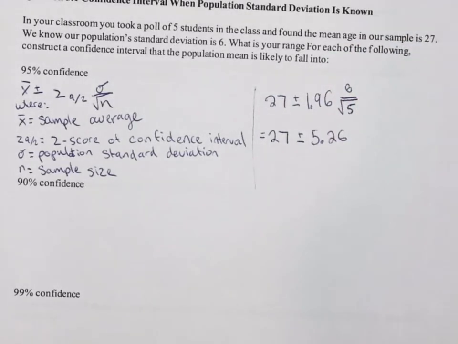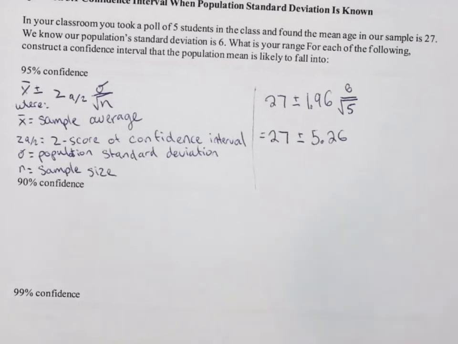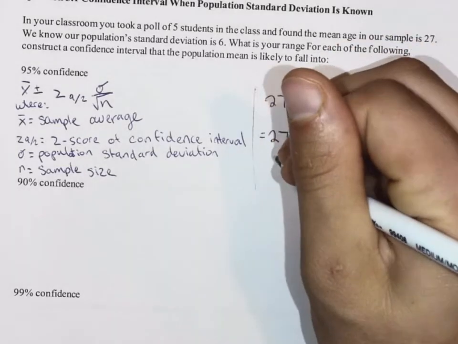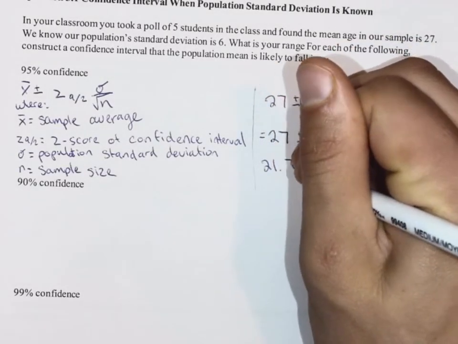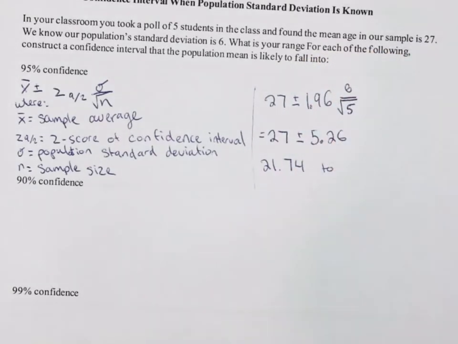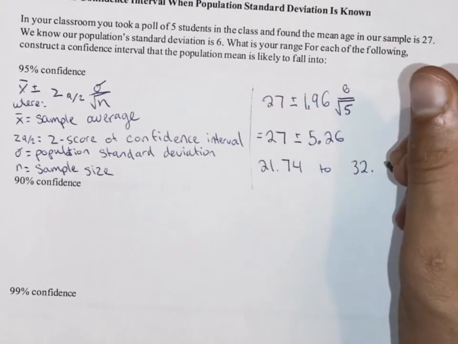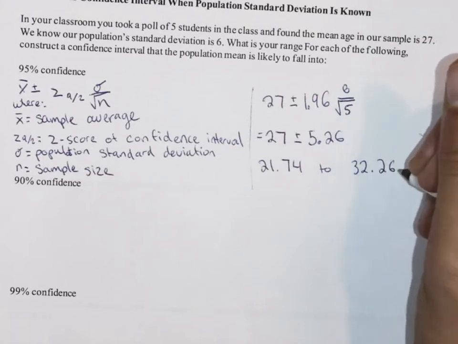So we can say that with a 95% confidence rate that the mean will be 27 plus minus 5.26, or 21.74 to 32.26.